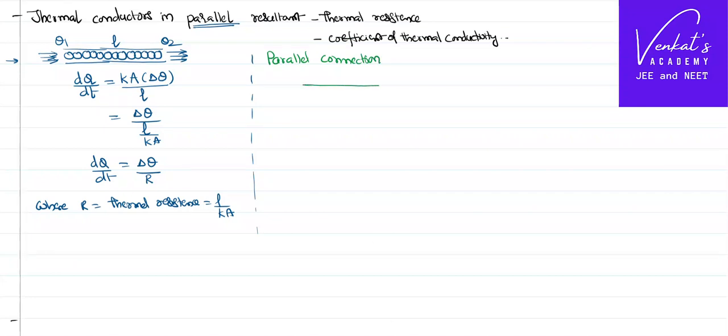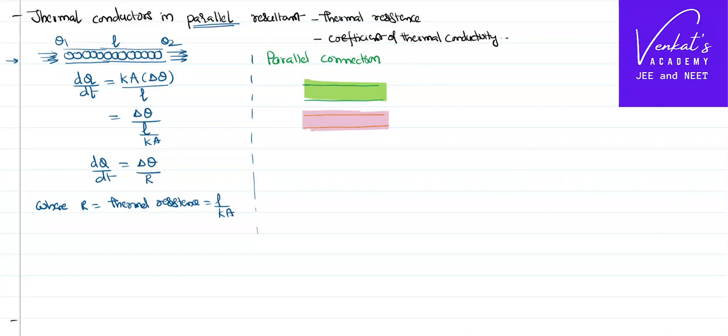This is rod 1, and this is another rod. If their first ends are connected together and their last ends are also connected together, that kind of connection is called a parallel connection.